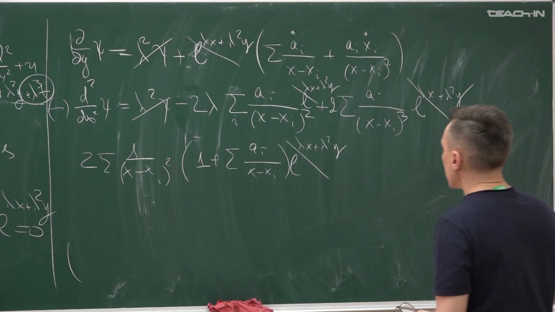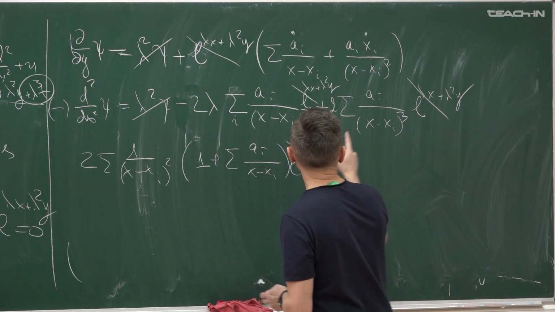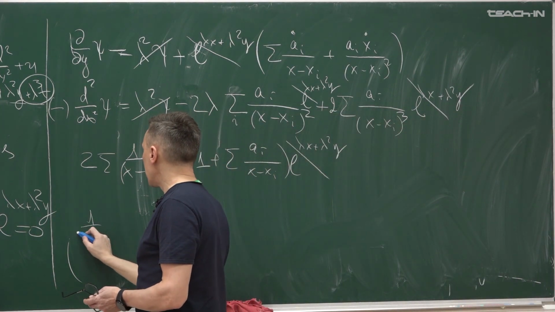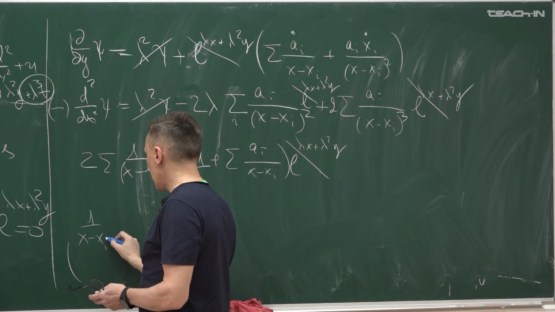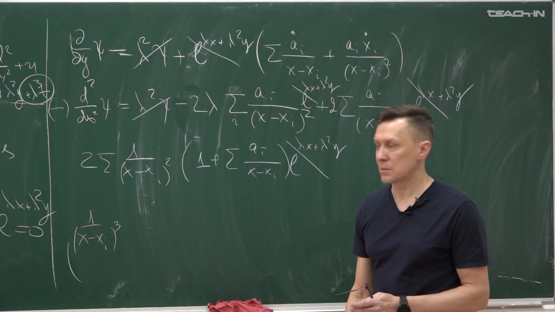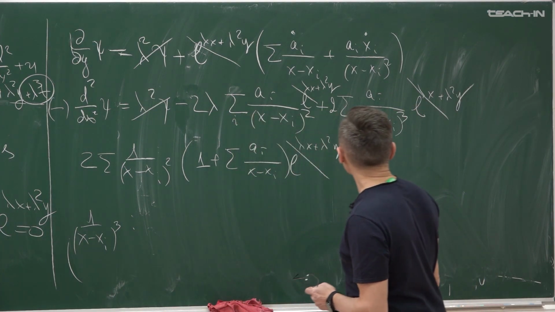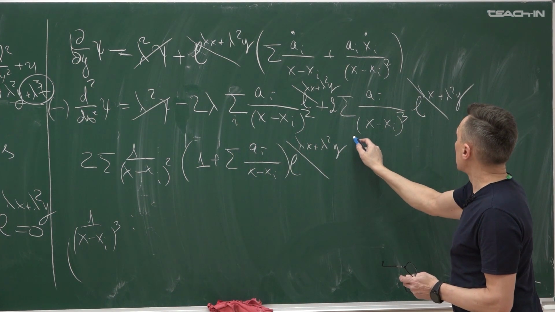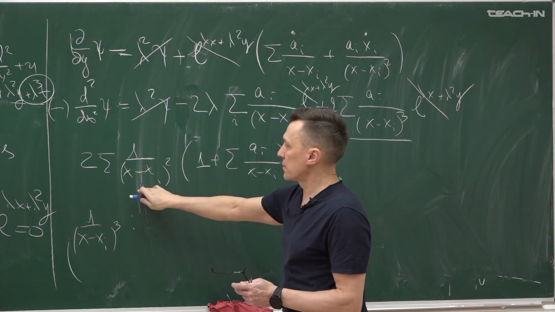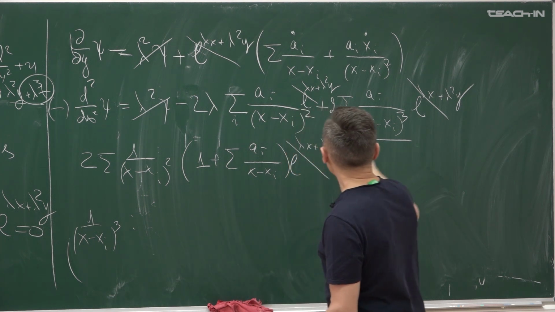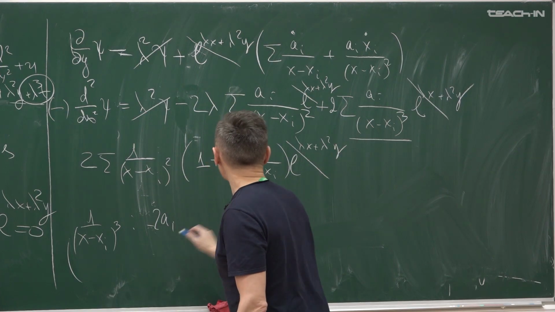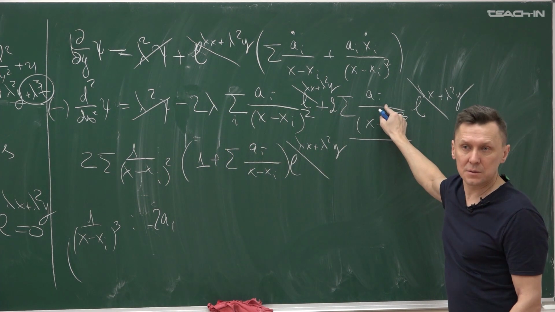Okay, the highest term is of order 3. So at the point x, I have xi. I have the expression of such type. Okay. So we have such a coefficient here, and as a product of 2 such terms. But here it is minus ai to ai.